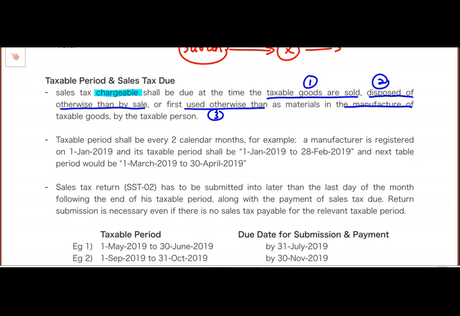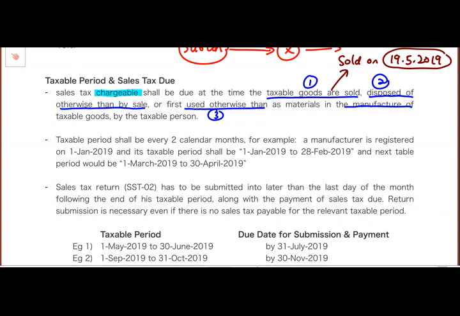Let's say, for example, you sold something on the 19th of May 2019. Now that's a sale, and you impose sales tax on the sale. Now the next question is, for the amount of sales tax that you've imposed, which period is it in, and when must the money be given back to the government?